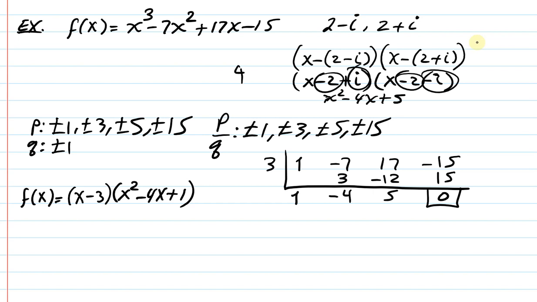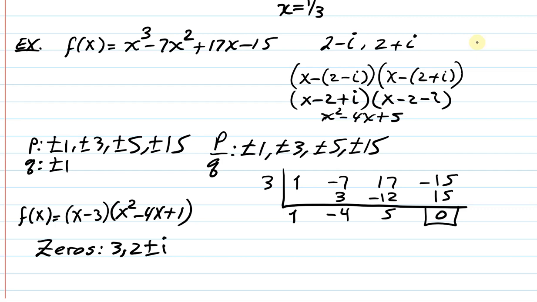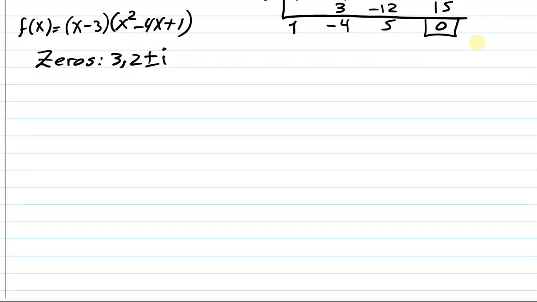When you do I, negative I, you get negative I squared, which is 1, and those two make up a 5. Now it looks better. Okay, perfect. So we were able to find the other zeros. So just to finalize, the zeros are 3 and 2 plus minus I. Those are the zeros of this one.